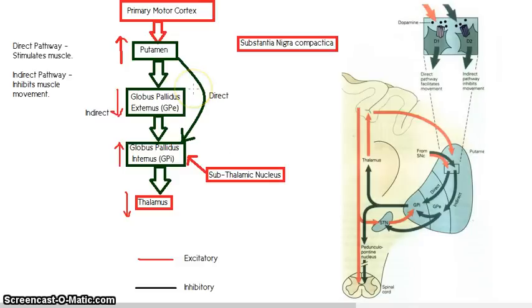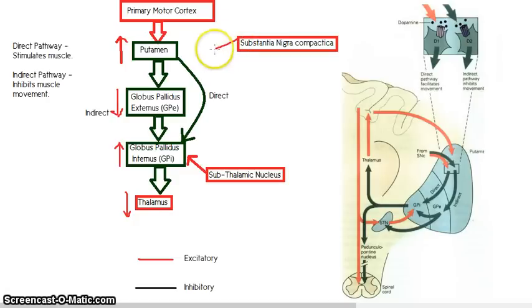So before we send off here, there's just two other things we have to note. The substantia nigra. So what does this do? Think of the substantia nigra as the handbrake. When we want to initiate a movement, we have to take the handbrake off. We have to send some stimulation. What the substantia nigra does is it receives cortical inputs from the motor cortex, telling it that we are starting a movement.